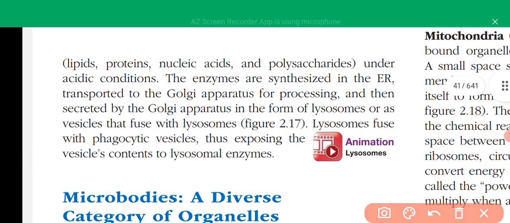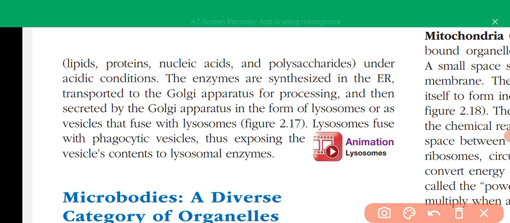And how are these enzymes produced? We have already talked about how the endoplasmic reticulum produces particular enzymes and transfers them to the Golgi apparatus, and the Golgi apparatus converts them into lysosomes, which are created inside the cell. And what is the process where digestion takes place?